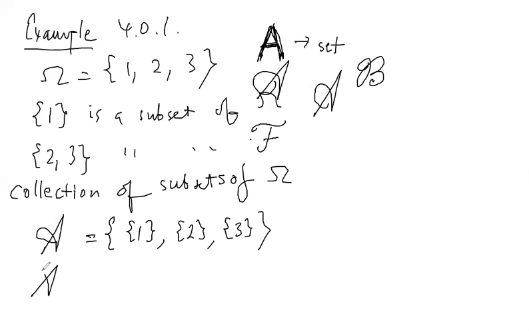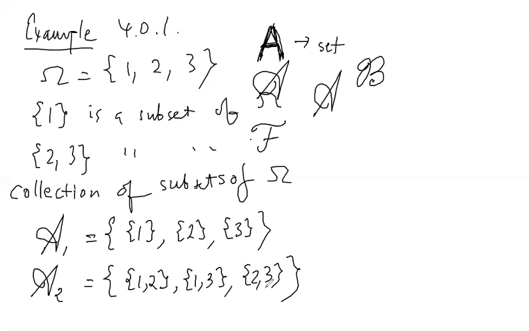I can also make another collection, this time a collection of pairs: {1, 2}, {1, 3}, and {2, 3}. The smallest possible collection of subsets will be the empty set, and the largest possible collection will be the power set.